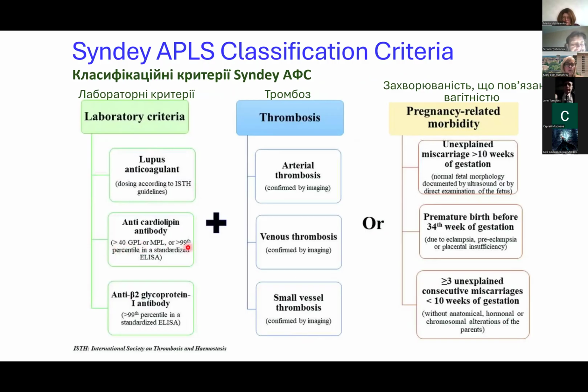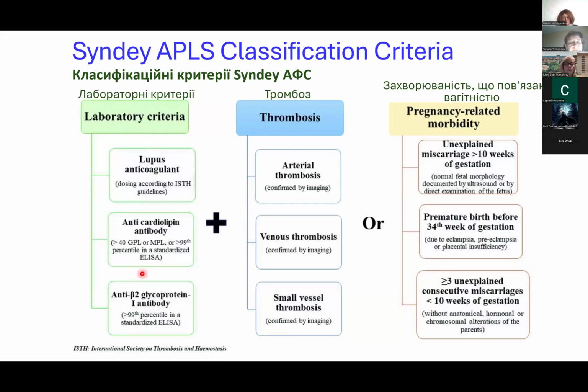If you order these labs, there will be a level, and it has to be in these higher levels for them to be at a level enough that would cause thrombosis or clotting. And then again, the anti-beta 2 glycoprotein 1 antibody. And again, these have to be high titer. Sometimes you'll see patients with low titer of these antibodies, and when you repeat them, they're still low titer, and that actually doesn't fit the criteria.